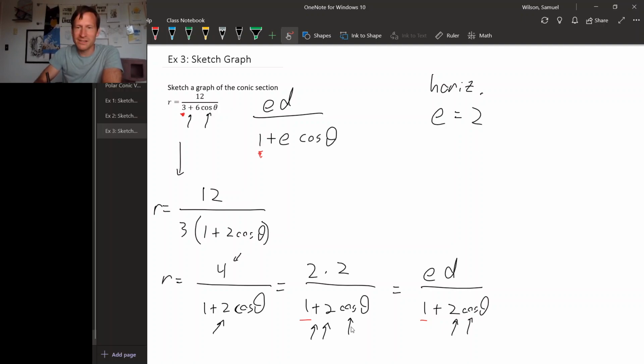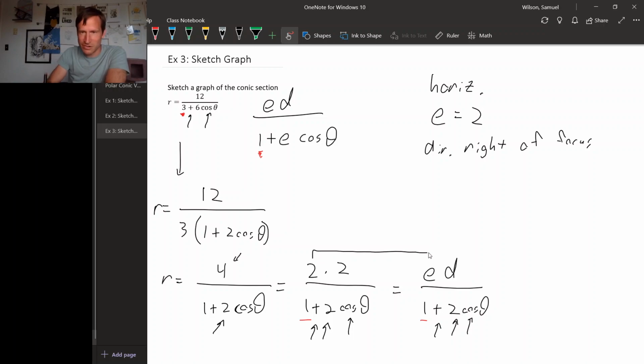Because of the plus, we know that our directrix is going to be to the right of the focus. And in the numerator, our eccentricity is 2, and so this other factor in the numerator should be D, so D is also 2.